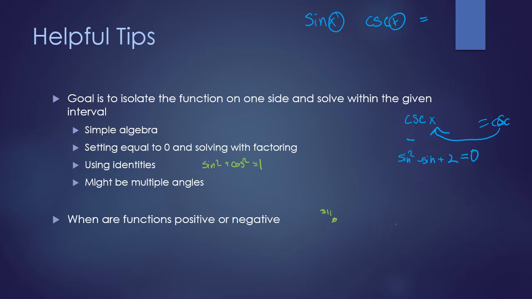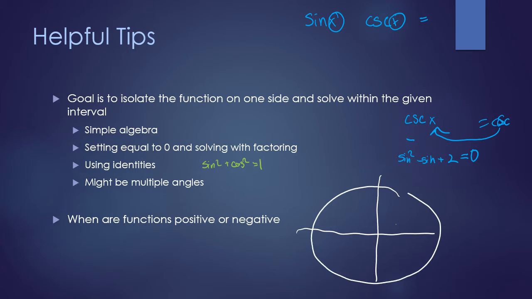And just a quick review, we're going to look at that unit circle and we're going to say, okay, when is sine positive, when is sine negative, when is tangent positive? This is just something that if we get an answer of -1/2, we need to know which quadrant we're looking at. So let's start off with cosine, or x values.